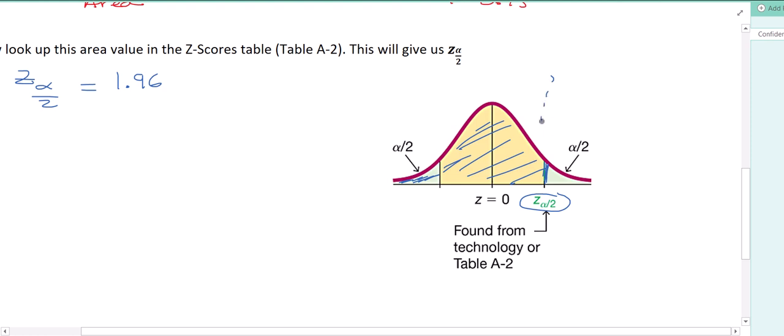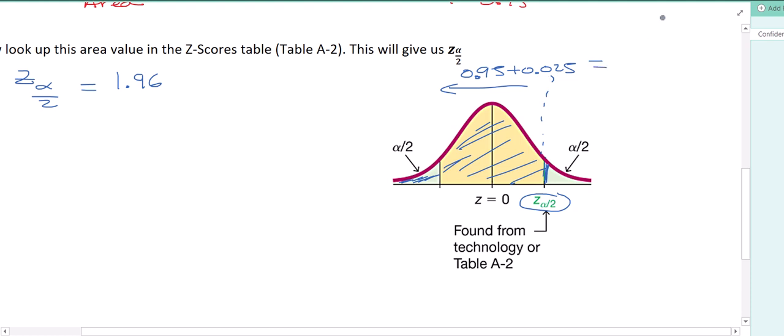So the area to the left is the 95% plus that other stuff. So 0.95, 95% as a decimal, plus the 0.025.